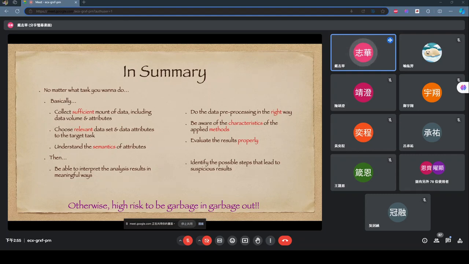Don't use a method that you don't quite understand. Maybe you don't understand a method in great detail, but at least you should know the characteristics of the method: what purpose this method is designed for, and the data with what kind of property. You need to know that before you apply the method.